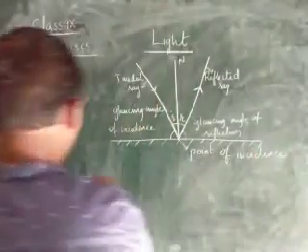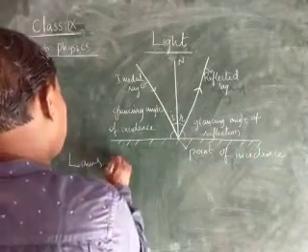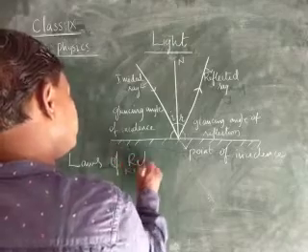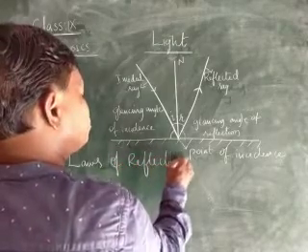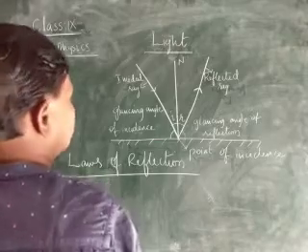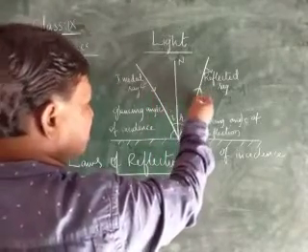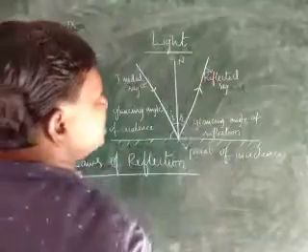From this, we write the laws of reflection, children. Normally we have two laws of reflection. How many laws are there? Two laws. Incident ray, normal, and reflected ray always lie in the same plane.